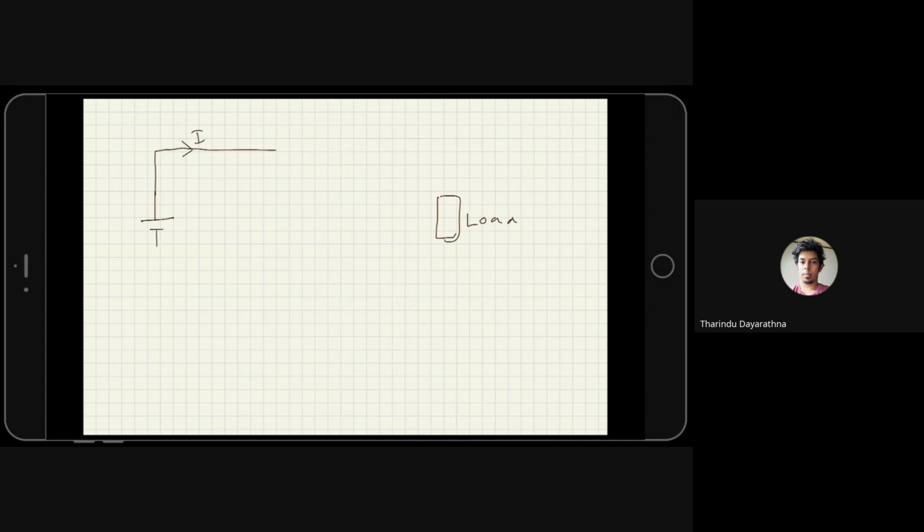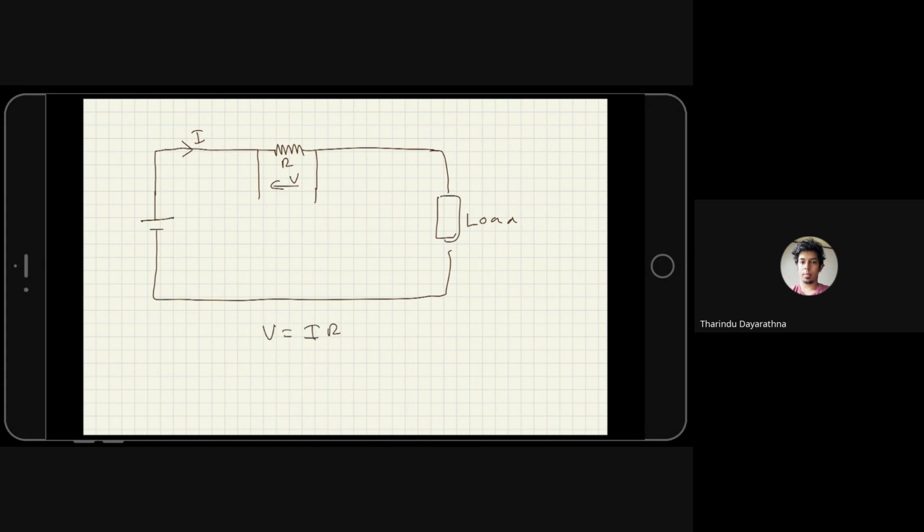So the easiest way is you put a resistor, R. If you measure the voltage across it, V, then you can write the equation V = IR.